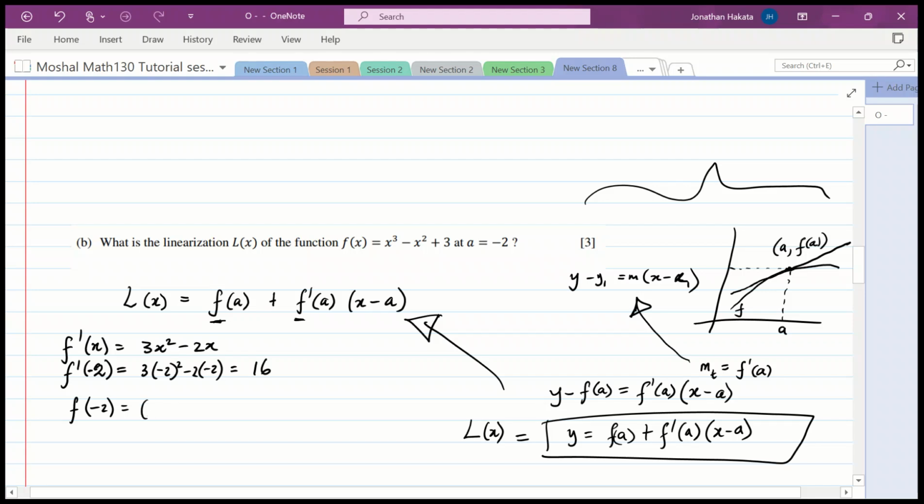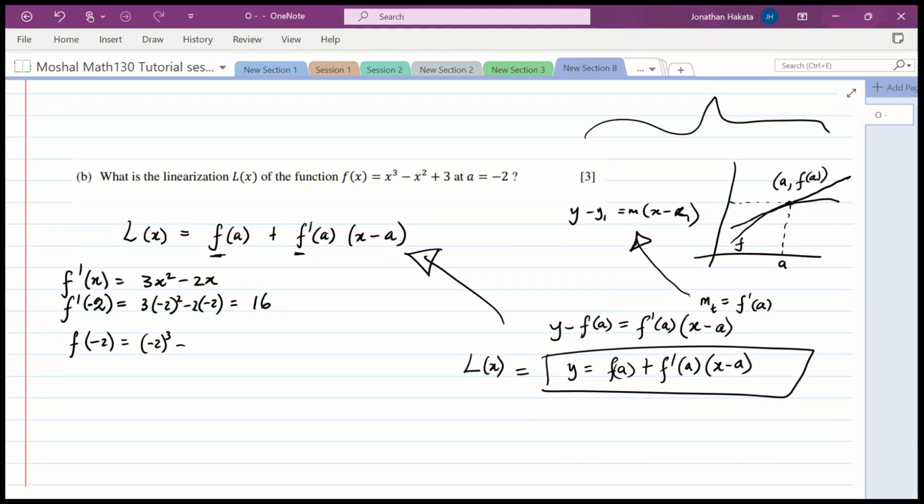So we have minus 2 cubed minus minus 2 squared plus 3. If you simplify fully, this is negative 8, then minus 4 plus 3. This is minus 12 plus 3, which is negative 9.